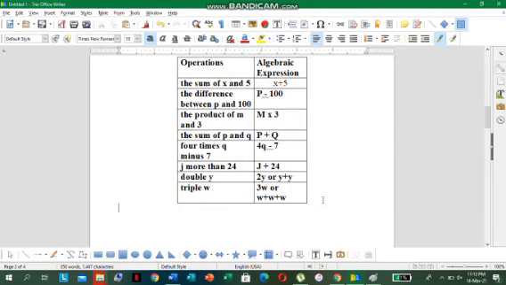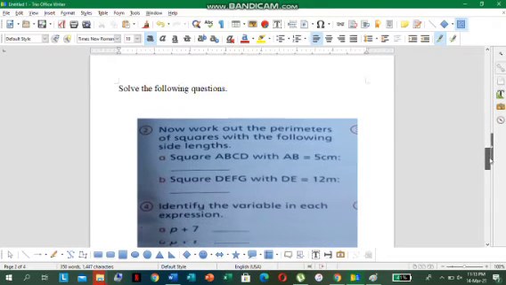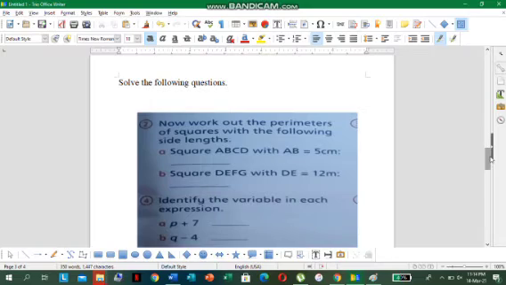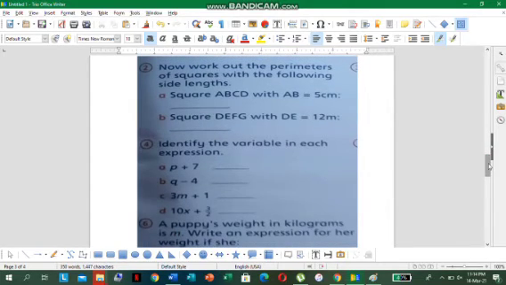Alright, so let us move on to the next problem. Now solve the following questions. These questions were taken from a textbook. So let us go. Now work out the perimeters of squares with the following side lengths.